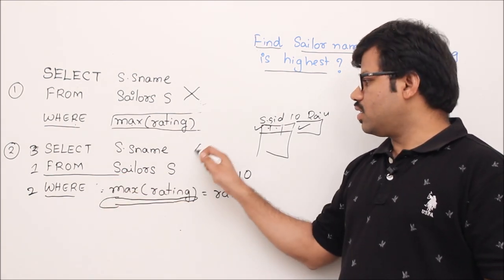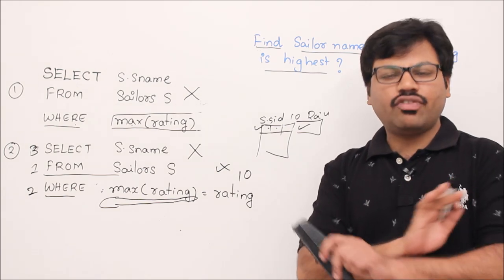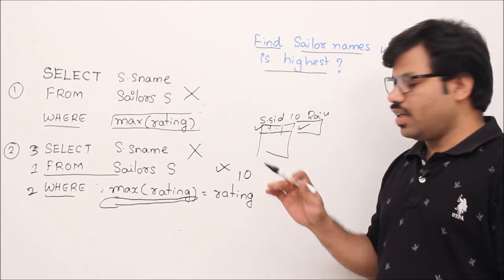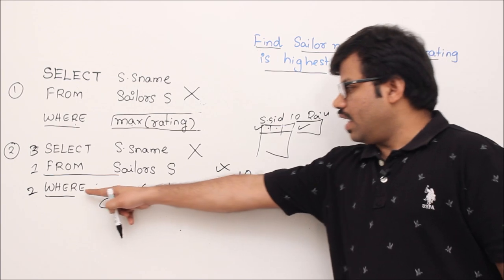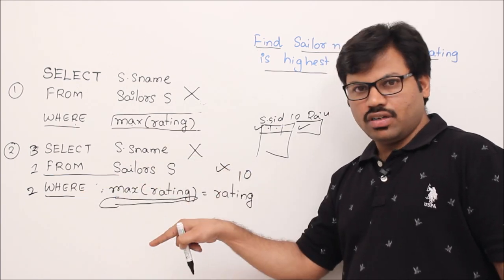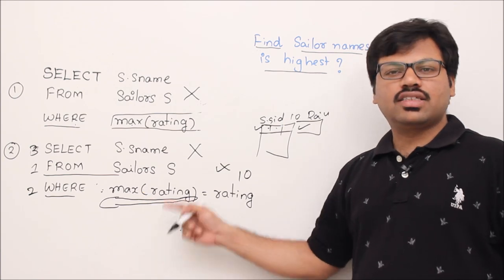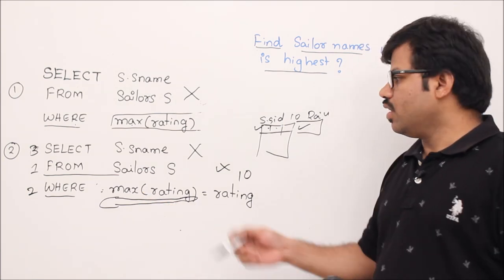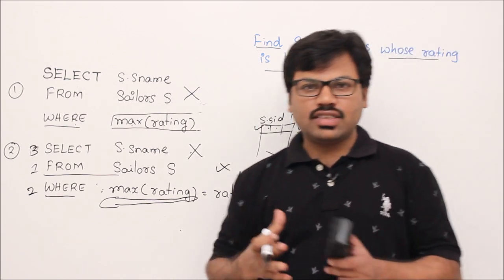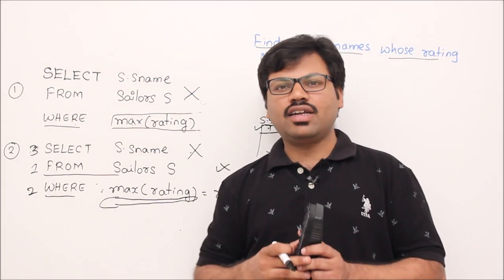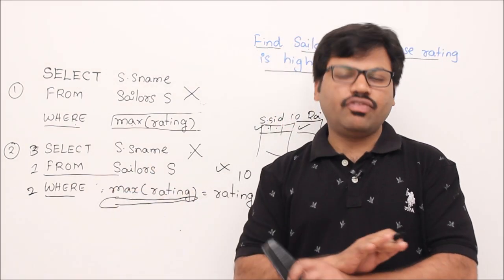That's why this is wrong. So syntactically, first of all, it is wrong. The reason is that in the where clause you have a tuple in your hand, you are evaluating it, and for that tuple, max is not defined. So that's why don't write this one. If you don't understand this concept, remember blindly that we can't write aggregate operators in the where clause.